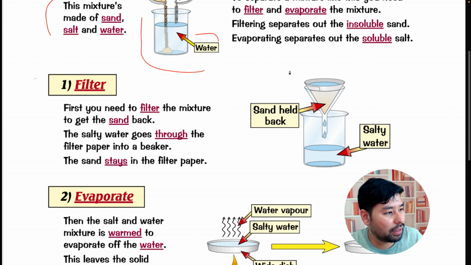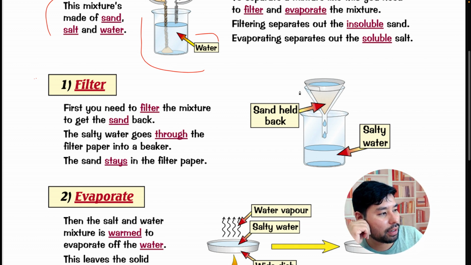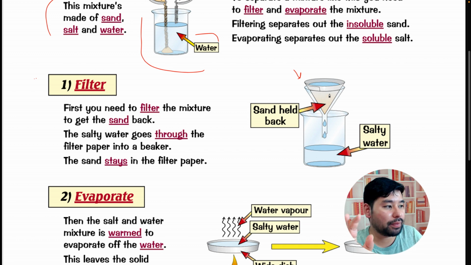Okay, so again, there is this picture here above my head. Can you see that? Here again we have the beaker, we have the filter made of paper, and then there is the water mixture that is mixed with sand and salt. And then it goes through. The sand will be held back here because it's thicker, because this filter is able to stop it.